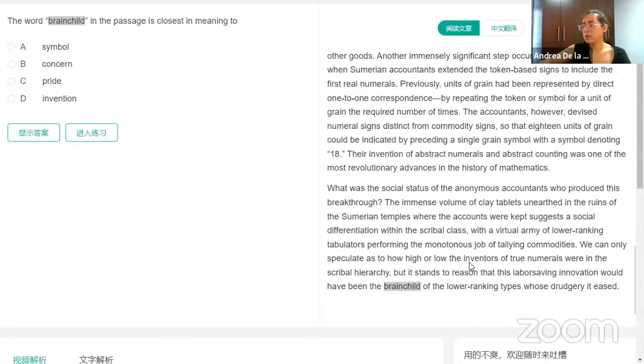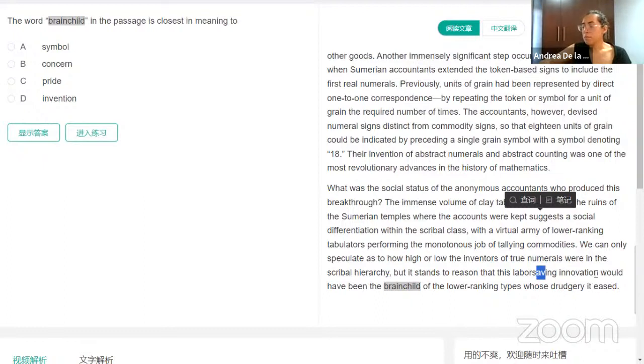But it stands to reason, tiene sentido, that this labor-saving innovation, que esta innovación que ahorró tanto trabajo, would have been the brainchild of the lower-ranking types whose drudgery it is.